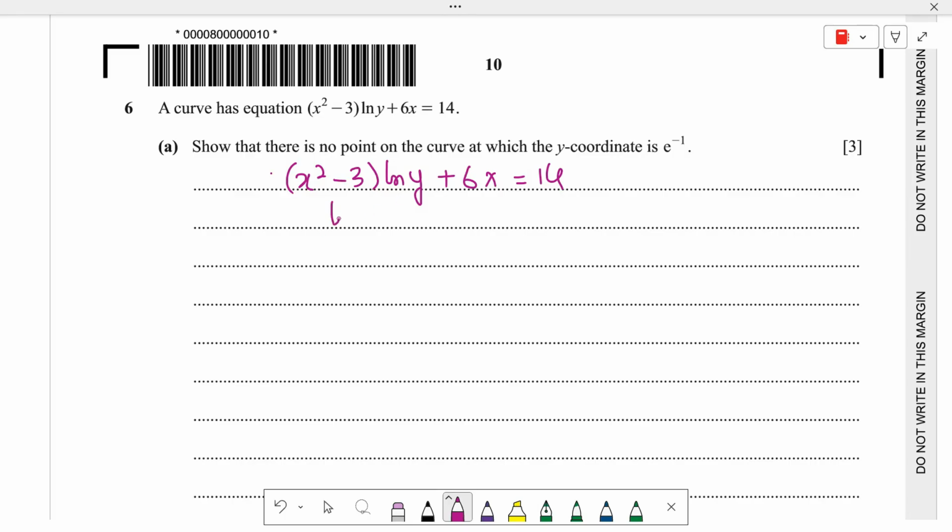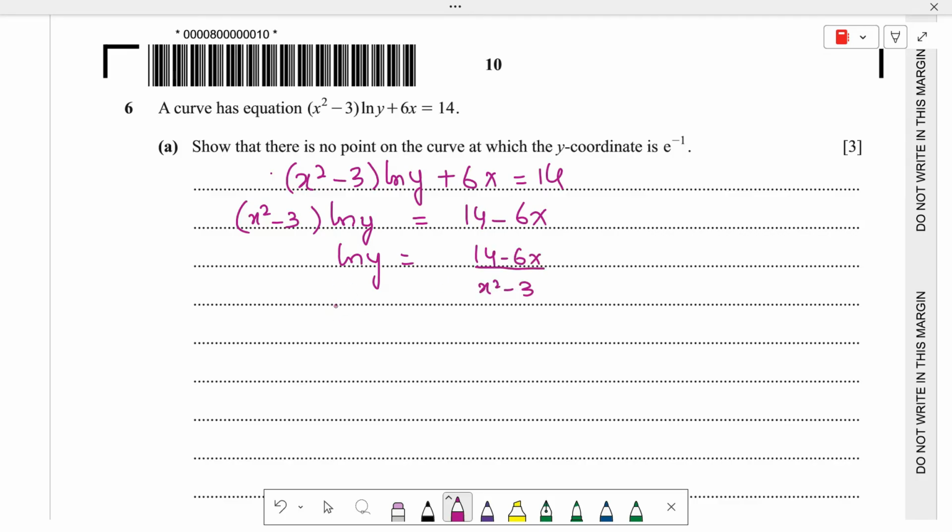So first, ln y times (x squared minus 3) is equal to 14 minus 6x, when we switch 6x to the right side, so negative 6x. Then ln y will be equal to (14 minus 6x) over (x squared minus 3).